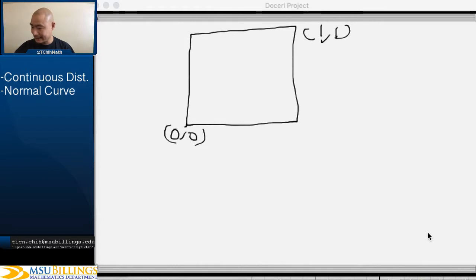And then let's ask ourselves, what's the probability that the x-coordinate of this dart, let's stick with the same question, is between 1/3 and 2/3.